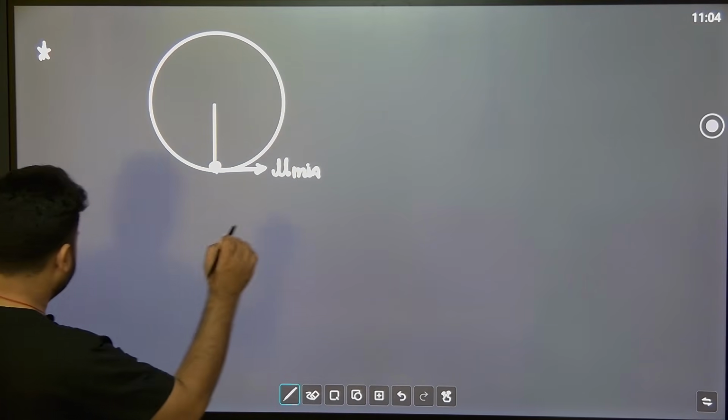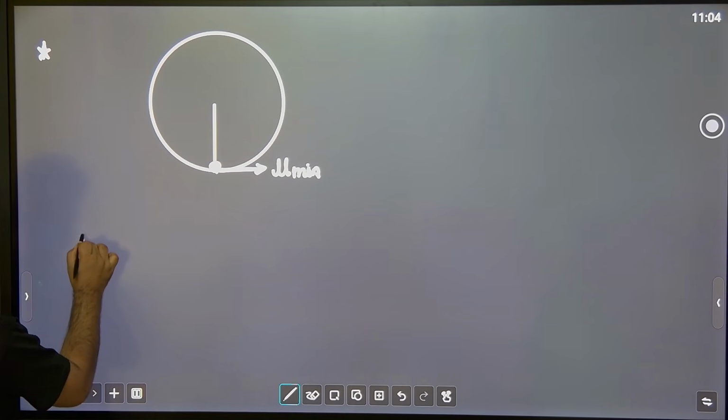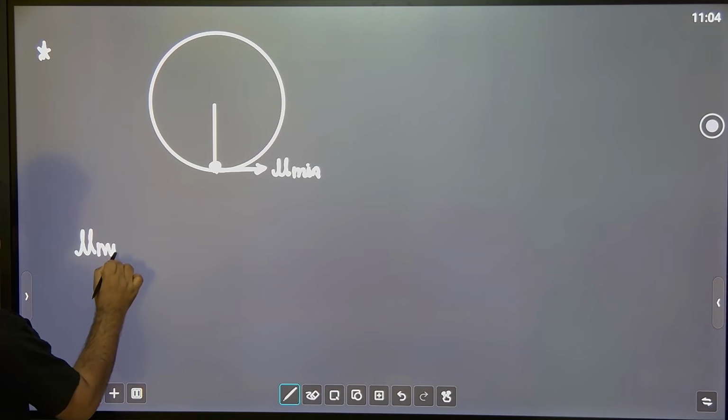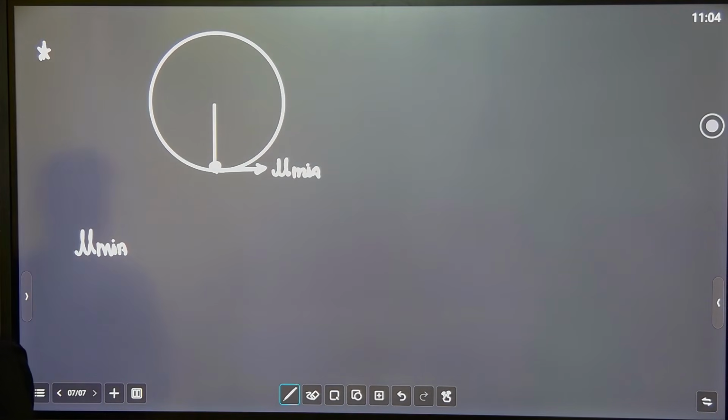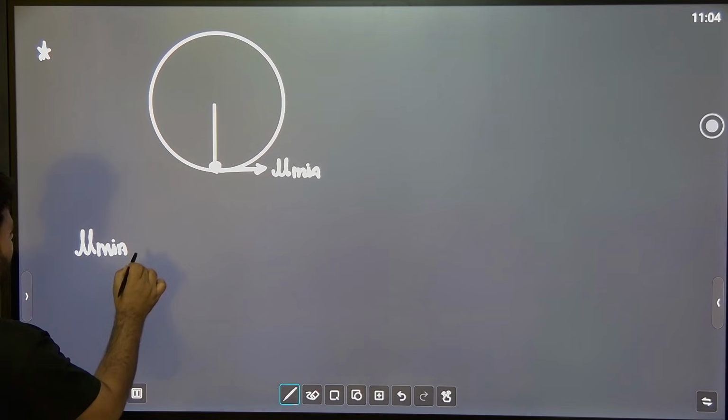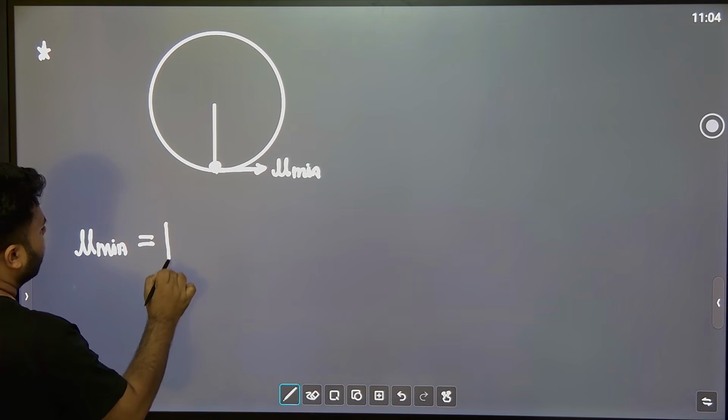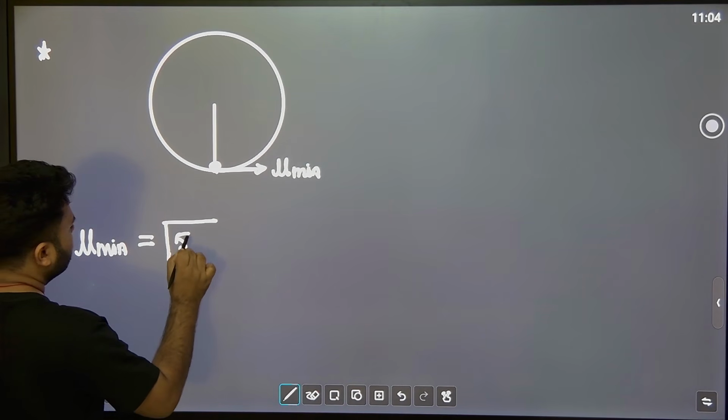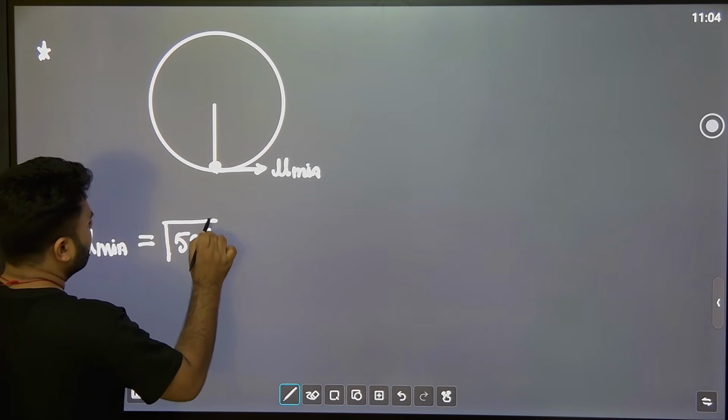So in order to perform complete vertical circular motion, what should be the minimum speed? So always remember, again I am not deriving, U minimum should be under root 5 GL. This is the minimum speed.